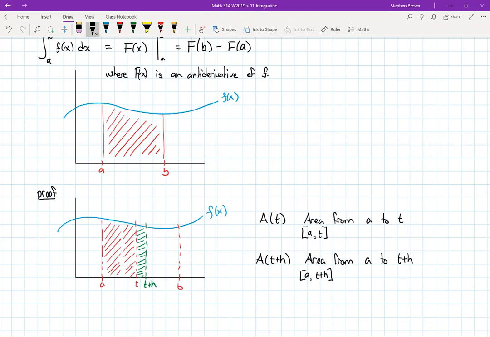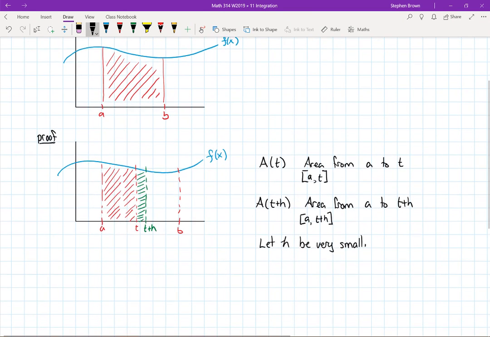And let's say that h is very small. It's still important to know that we haven't quite reached b yet. That just helps you to visualize it. We want to just know how far we've gotten and how quickly it's changing from here on out.